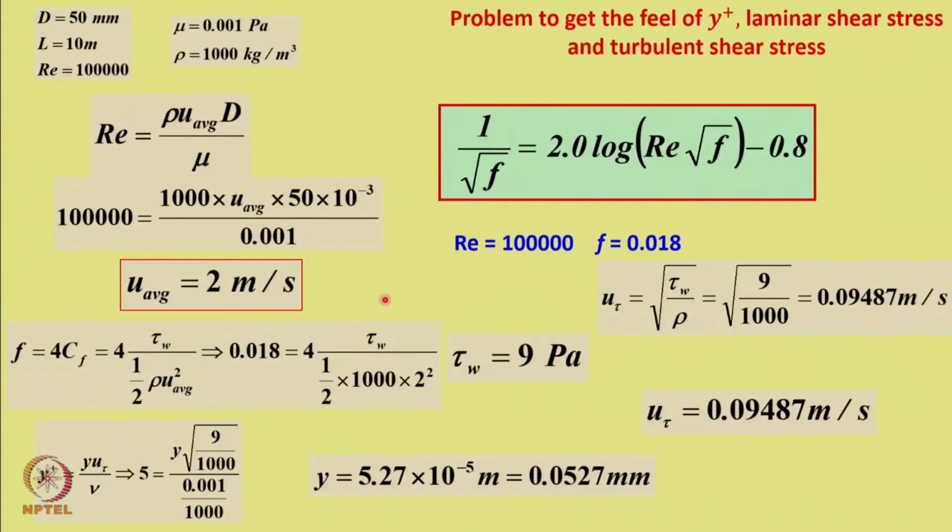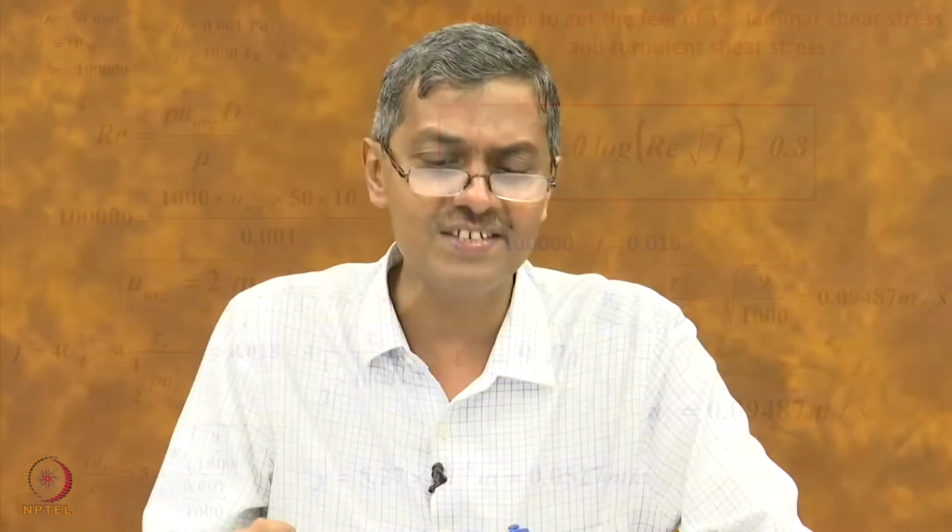So now what I am going to do is, we will try to understand what is a hydraulically smooth and hydraulically rough pipe. We will try to solve a simple problem. I would highly encourage all of you, and your students also, to solve this problem.